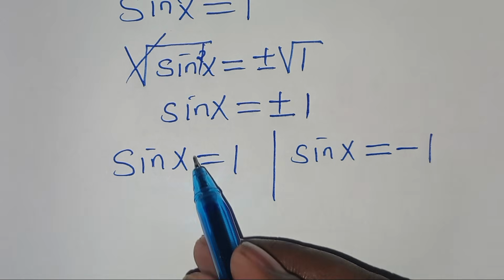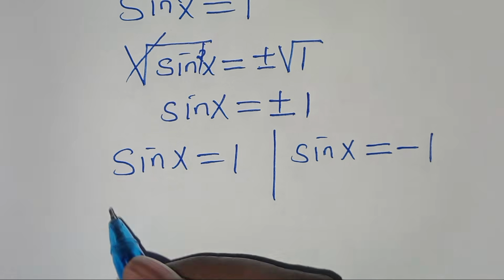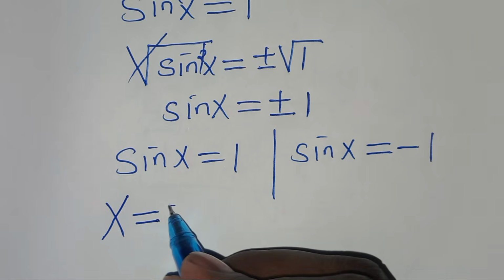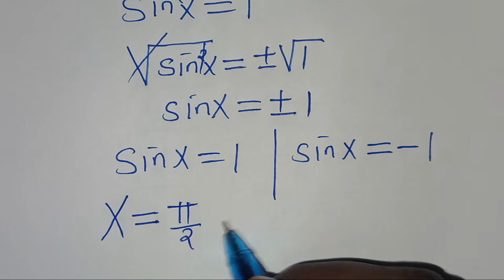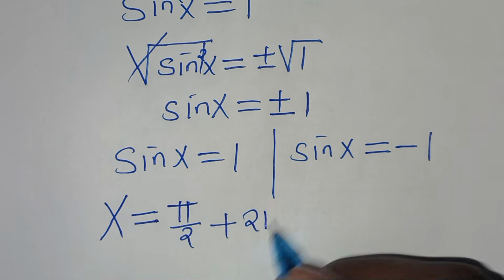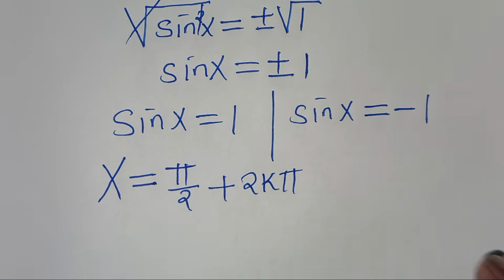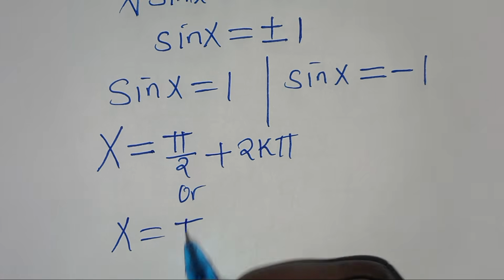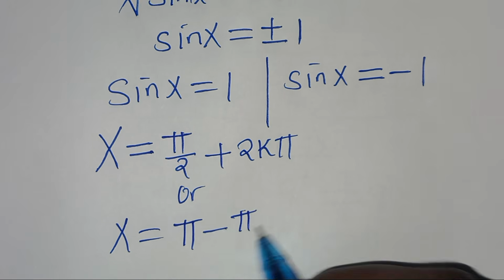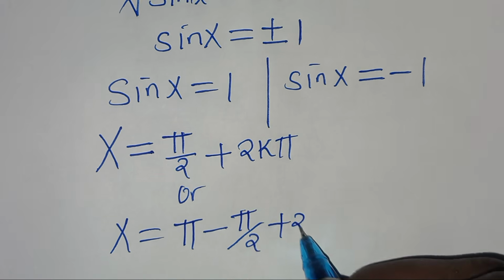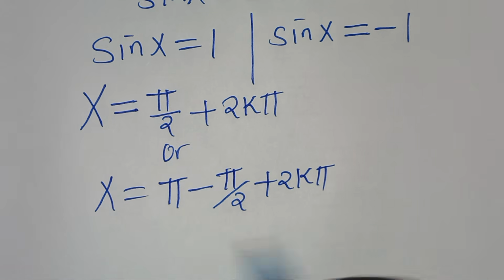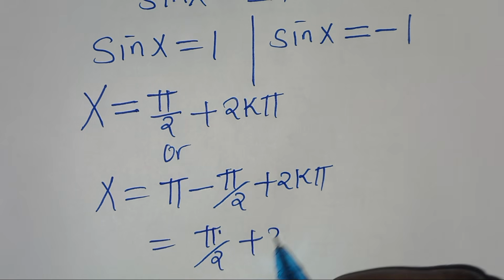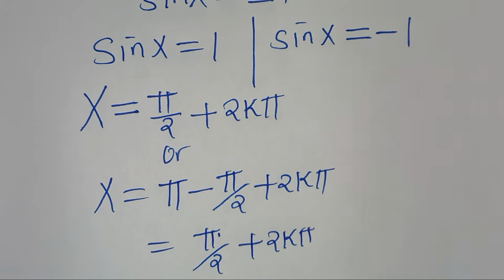When sine x is equal to 1, we can solve for x here. X is equal to pi over 2 plus 2k pi, or we can express x as pi subtract pi over 2 plus 2k pi, which is the same thing as pi over 2 plus 2k pi.